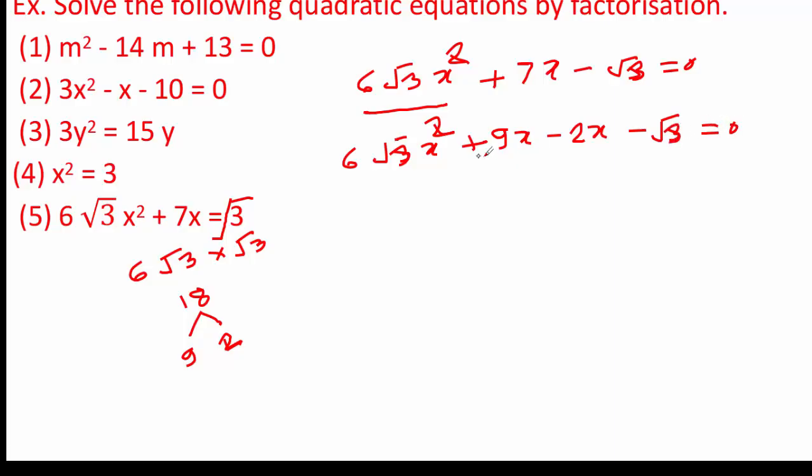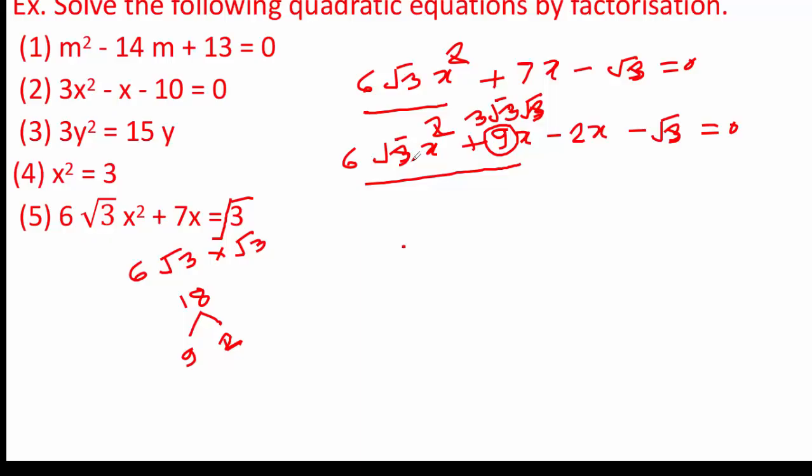See these two terms. This 9x can be written as 3 root 3 into root 3. Root 3 into root 3 is 3, and 3 into 3 is 9. Therefore 9 can be written as 3 root 3 into root 3.